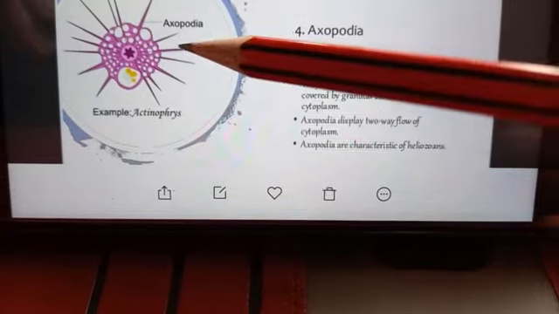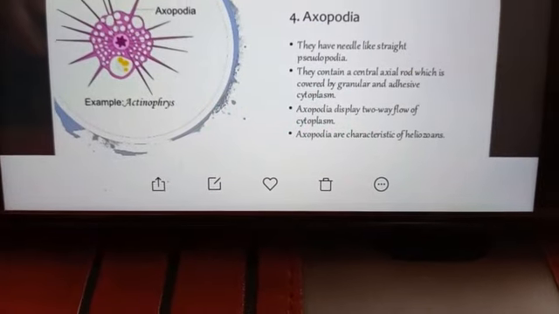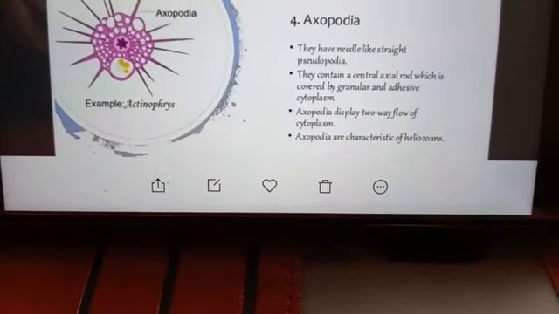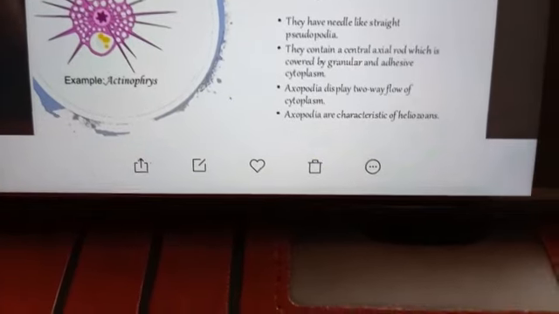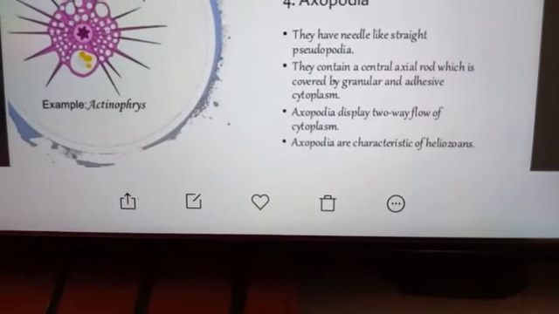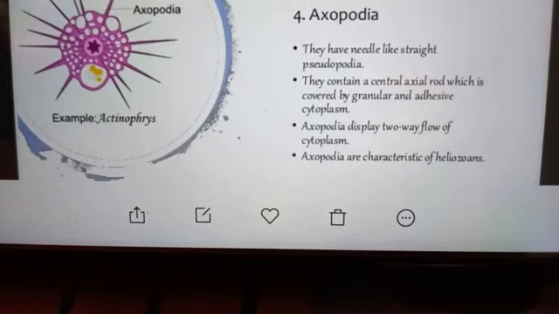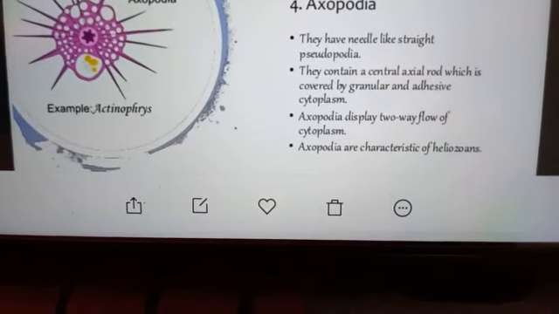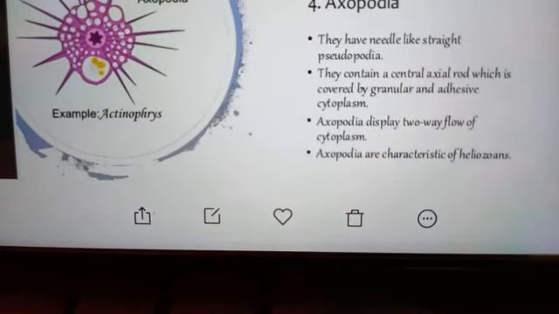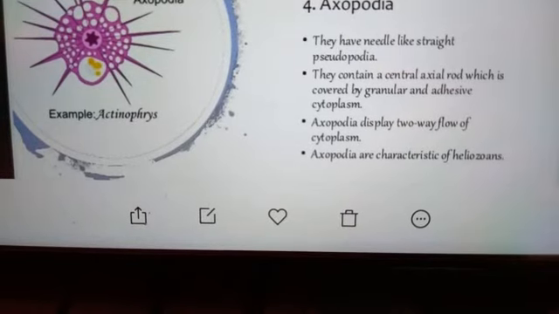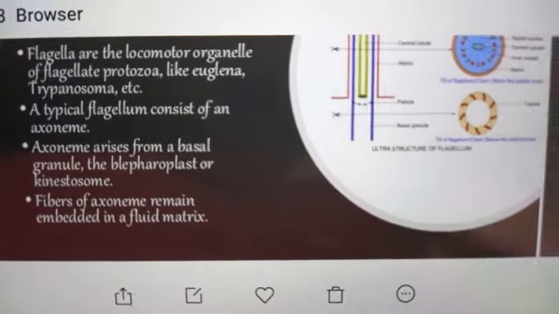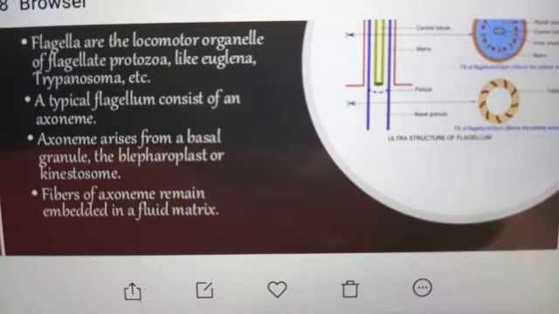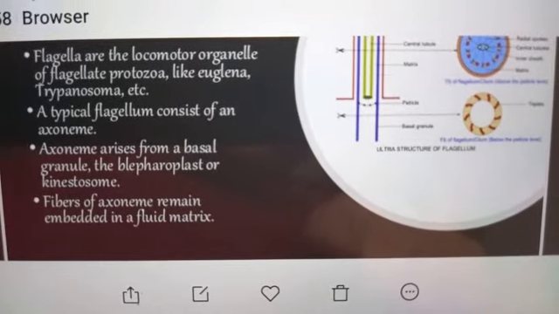These contain a central axis, a central axial rod, which is covered by granular and adhesive cytoplasm. In exopodia there is also two-way flow of cytoplasm. So exopodia are characteristic and found in the heliozoans.